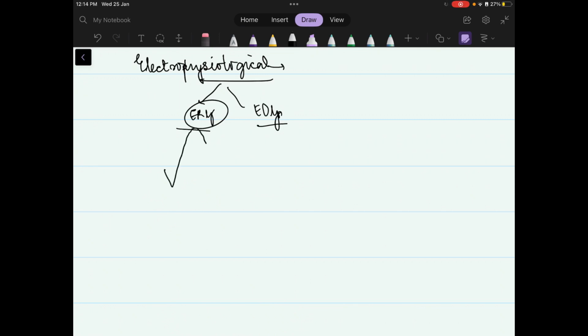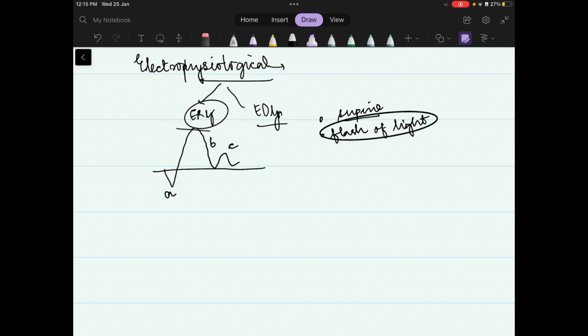Suppose this is your baseline; this is the A wave, this is the B wave, and this is the C wave. We are measuring the retinal potential, the change in potential seen with a flash of light. The person is laid supine, and then we test for this.